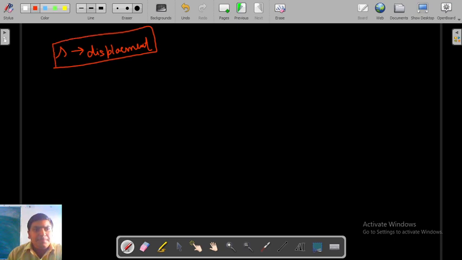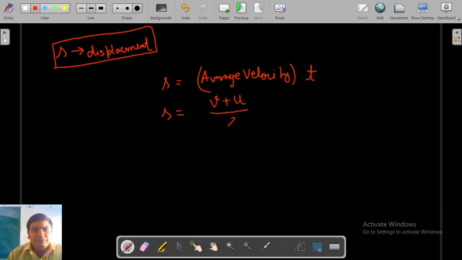So as we know that displacement s is basically average velocity into time, and average velocity means sum of final and initial velocity by 2. This is how we can derive it.